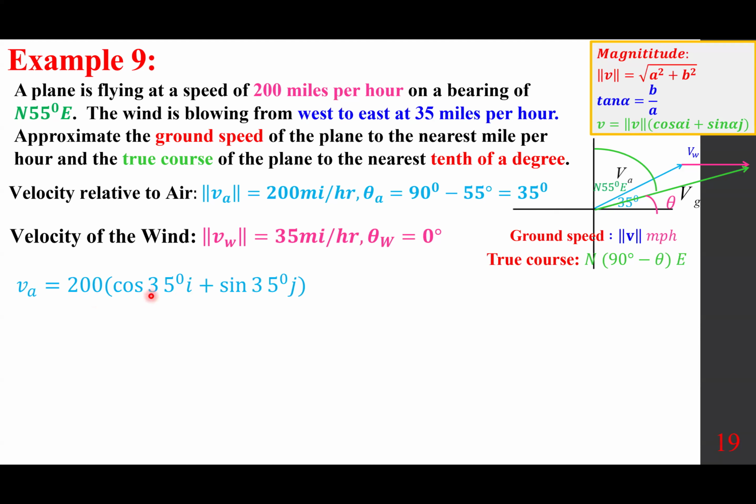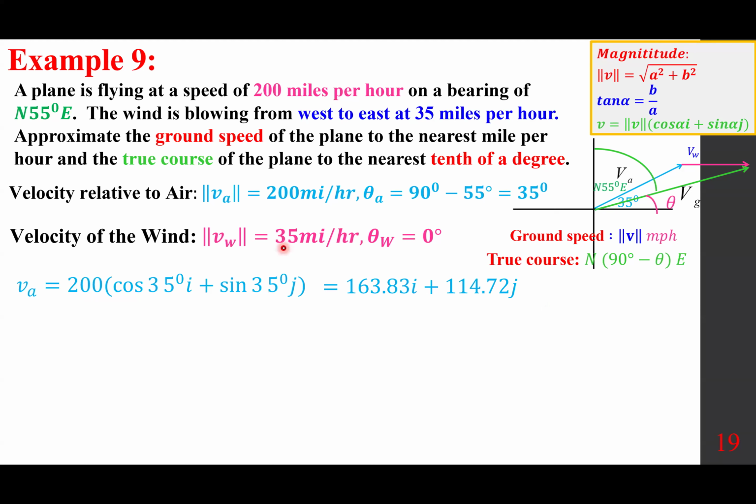Now, 35 degrees is not a common arc. You have to use a calculator to find cosine of 35 times 200, and sine of 35 times 200. When we do that, we end up with 163.83 i plus 114.72 j.